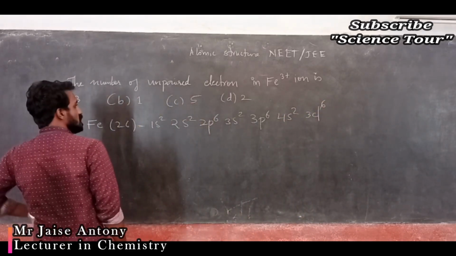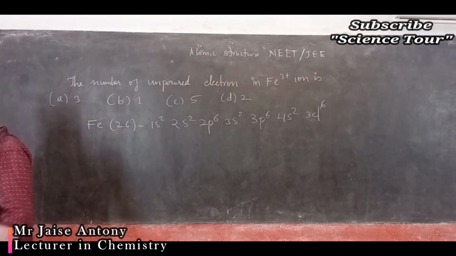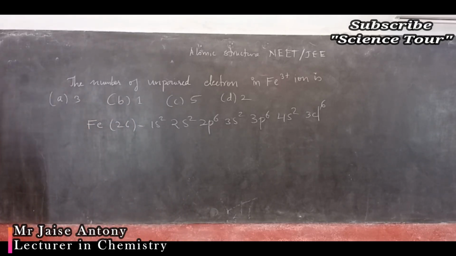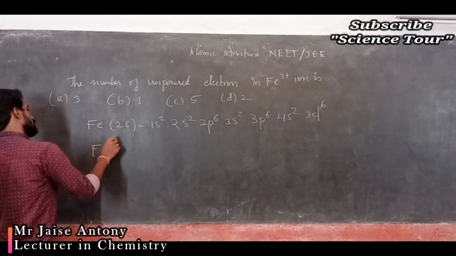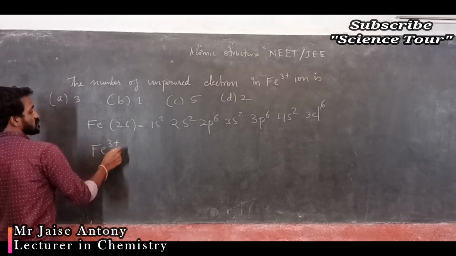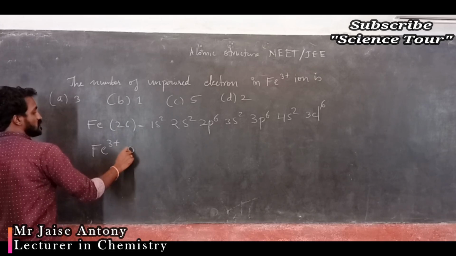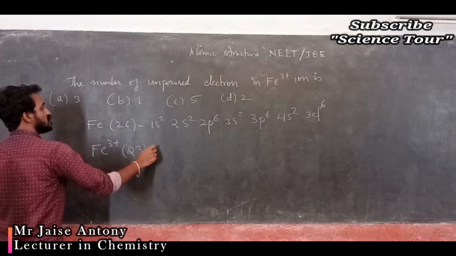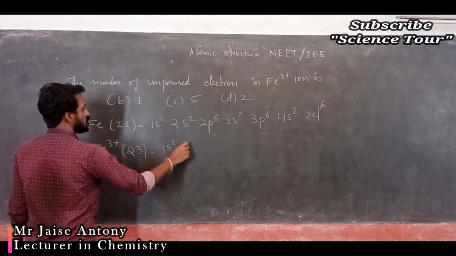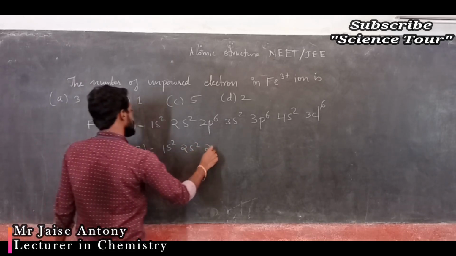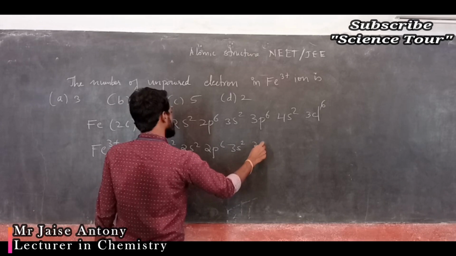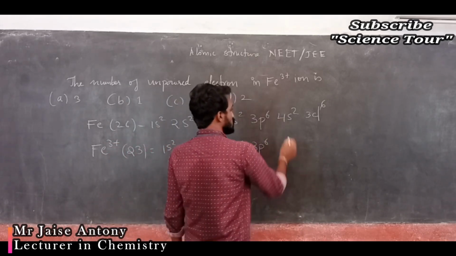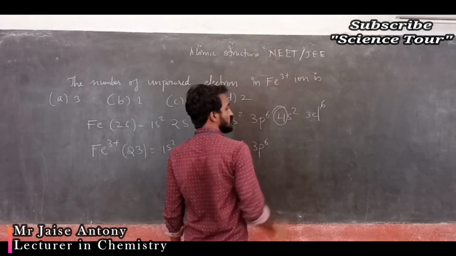This is the iron atomic number. But here Fe3+, ferric, they asked. In Fe3+, 3 electrons are removed. This becomes 23 electrons. That means 1s2, 2s2, 2p6, 3s2, 3p6, and 2 electrons are removed from the outermost shell, the fourth shell.